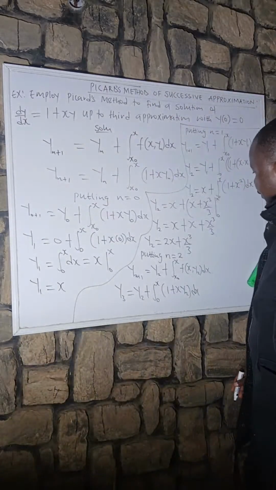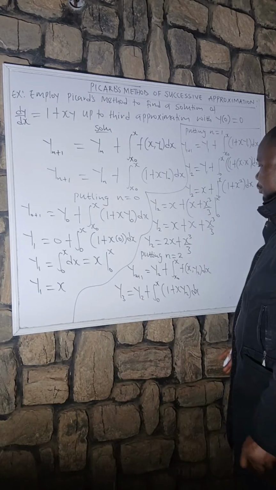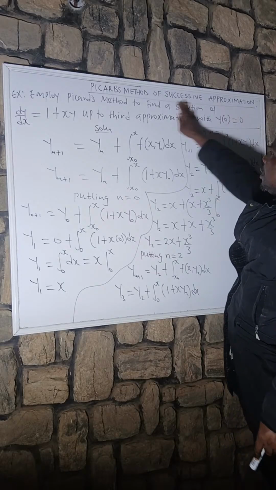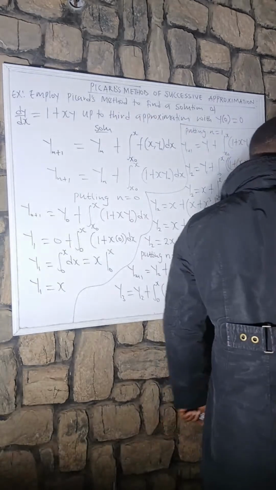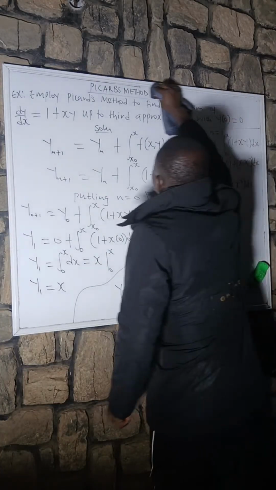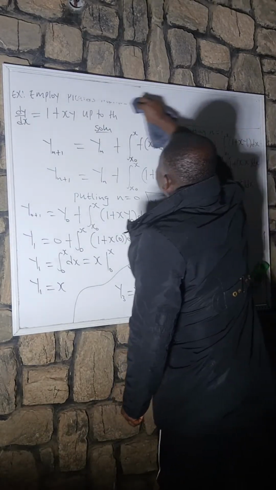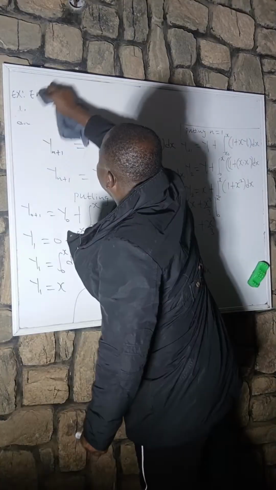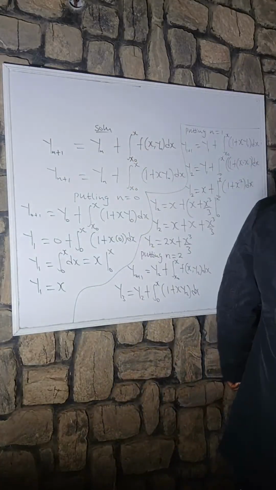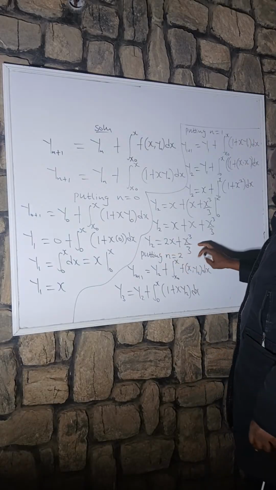True or false? Where we know very well that our y2 is this.